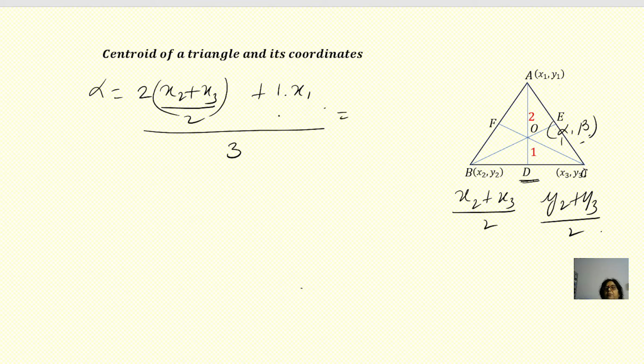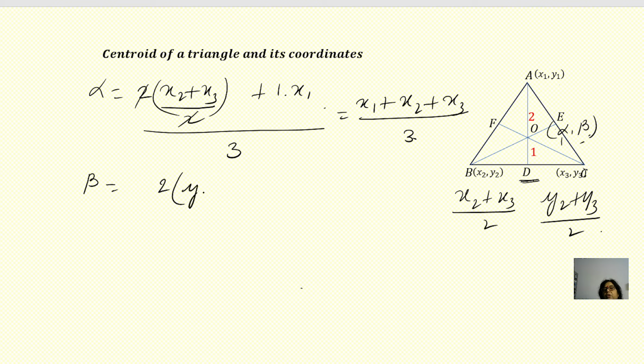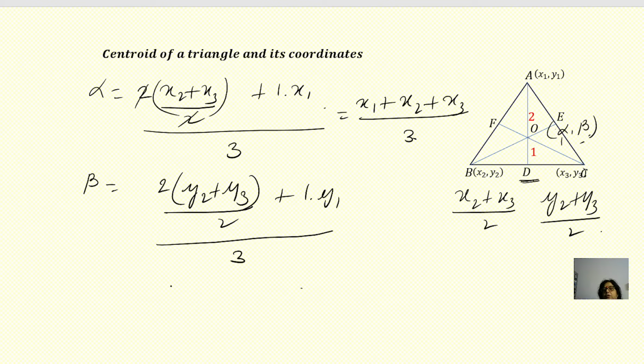So this becomes equal to, 2 and 2 get cancelled, x1 plus x2 plus x3 by 3. And then beta will be given as [2 into (y2 plus y3)/2 plus 1 into y1] by 3. So this becomes, 2 and 2 get cancelled, again y1 plus y2 plus y3 by 3.